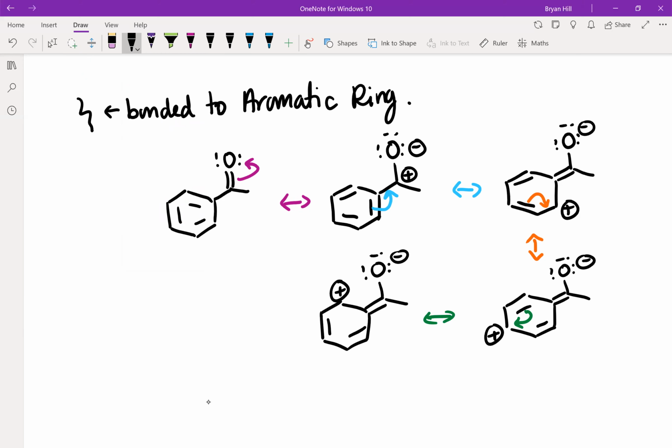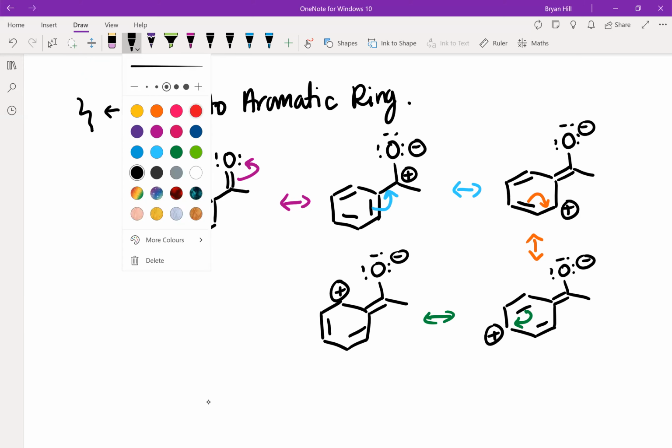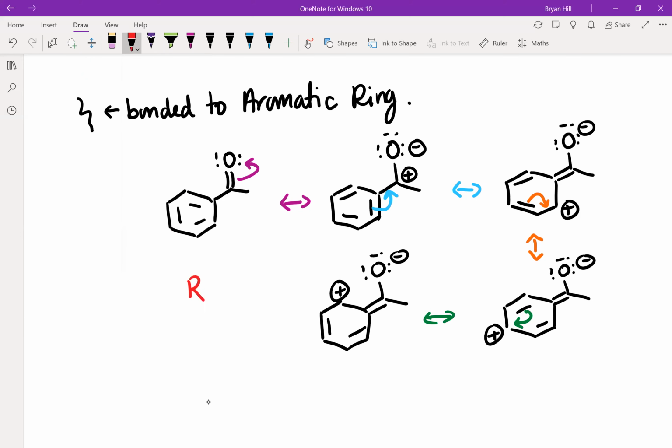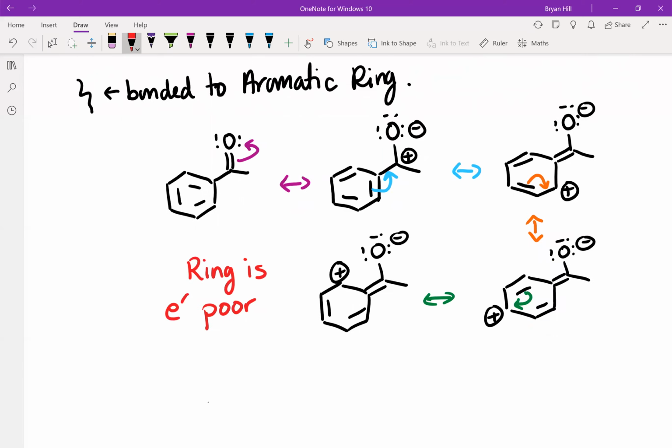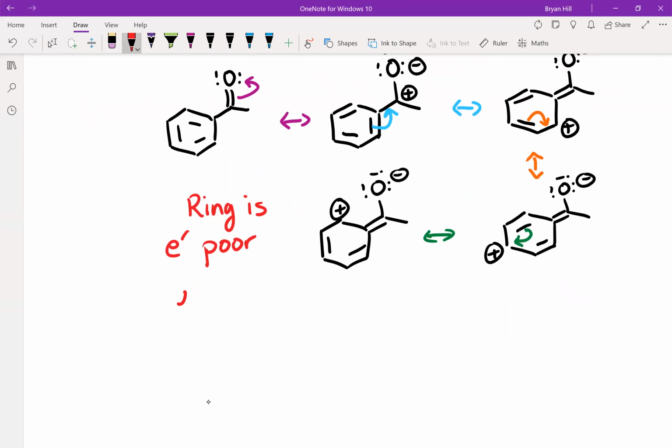So all of these resonance structures, what they're showing us is that the ring is electron poor. So if the ring's electron poor, it becomes a weaker nucleophile.